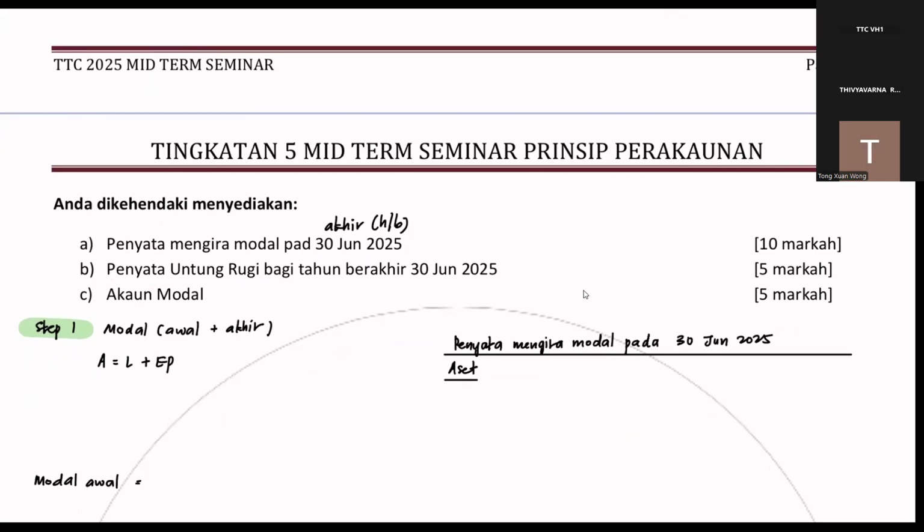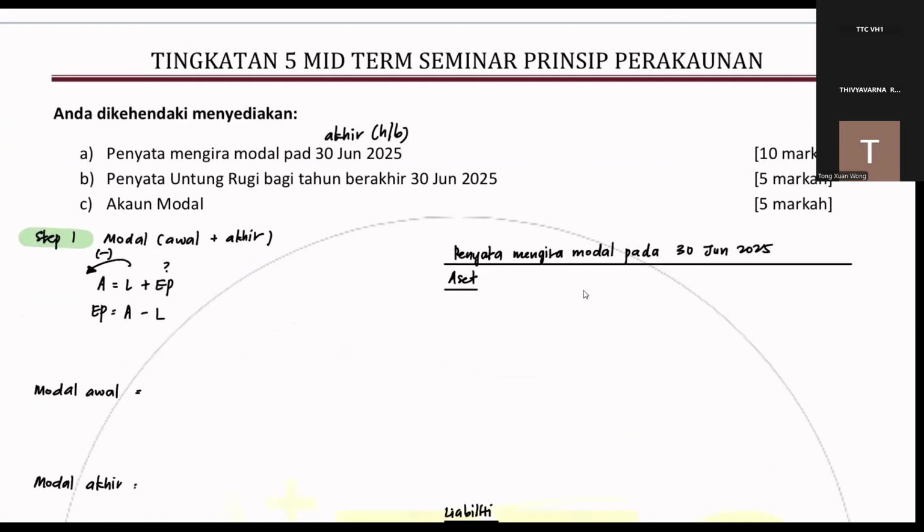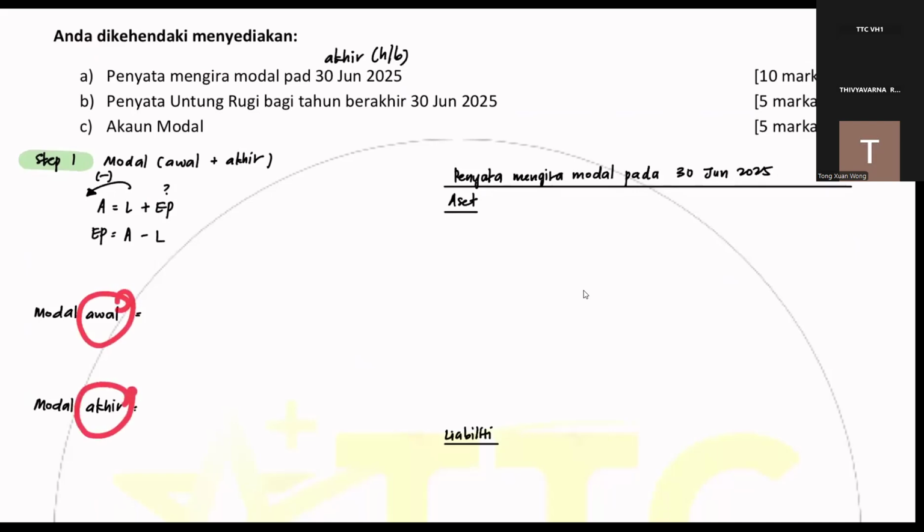So when you want to find the equity pemilik unknown, using the mathematical way, we move the liability to the opposite side. Previously it was positive, to add, right? So now it becomes minus. Then the formula becomes EP equals to asset minus liability. The same formula applies to calculate modal awal and also modal akhir because both are equity pemilik.